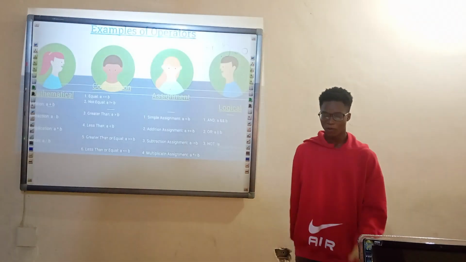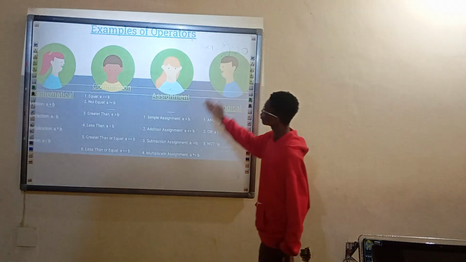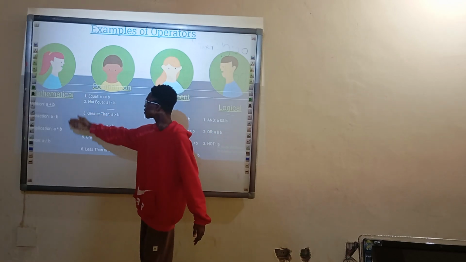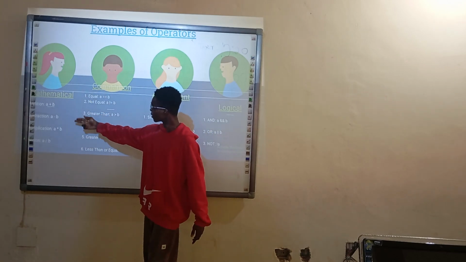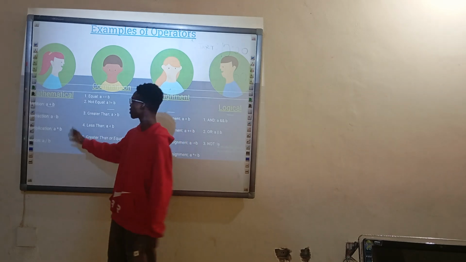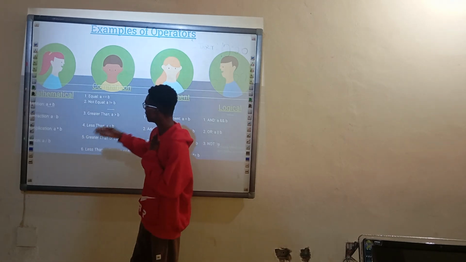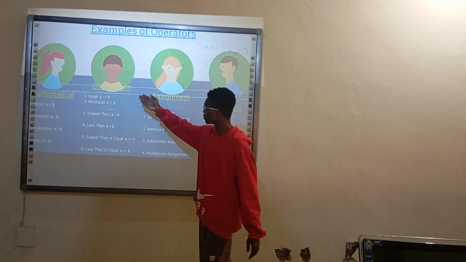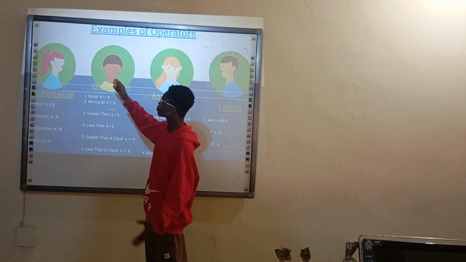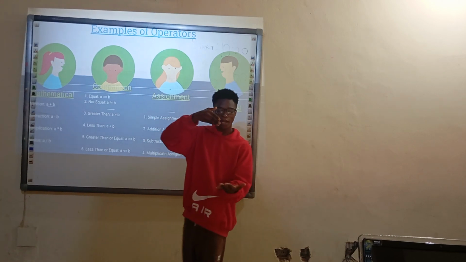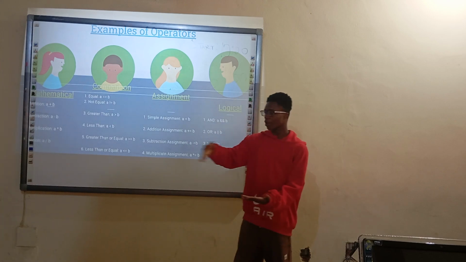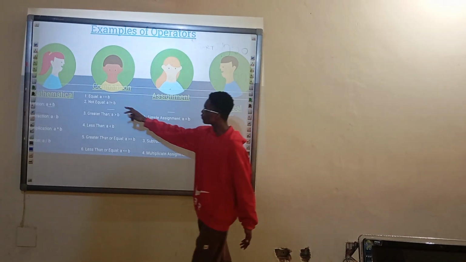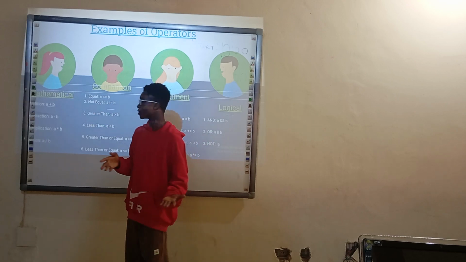Moving to the next slide, we have examples of operators. We have the mathematical operators: addition, a plus b, subtraction, a minus b, multiplication, a asterisk b, division, a forward slash b. Then the comparison operators. When we want to say that a particular item or variable is equal to another, we use a double equal to sign to show equality.